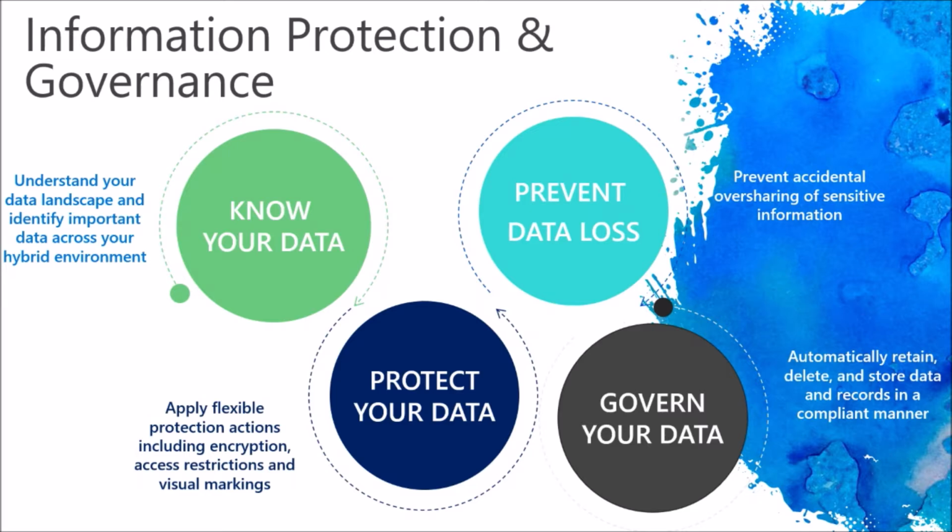And things like data loss prevention actions, so we can't share certain things, and so on. And whether the data stays in one place or it moves around, it's really critical that we have the tools as IT to be able to monitor that data, how it's being shared, how it's being used, and respond quickly to any threats or potential abuse.